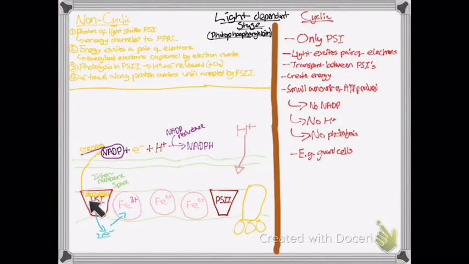Photosystem 1 has become oxidized as it's lost the electrons, and now this ion in the protein carrier has been reduced. Okay, this keeps happening, so it keeps passing the electron between these ion carriers, embedded in protein molecules.